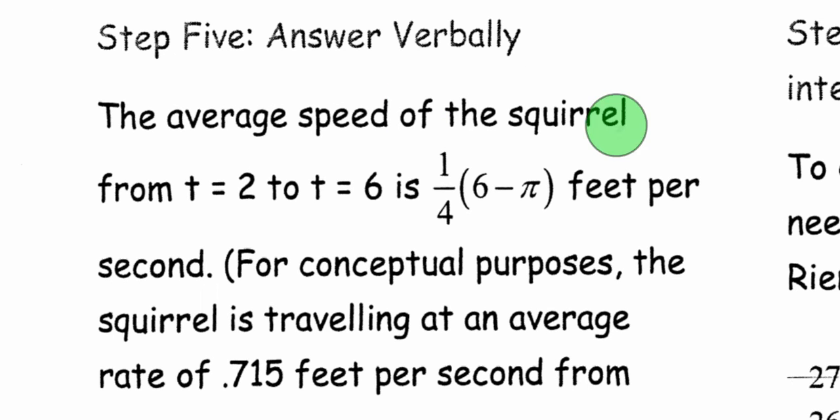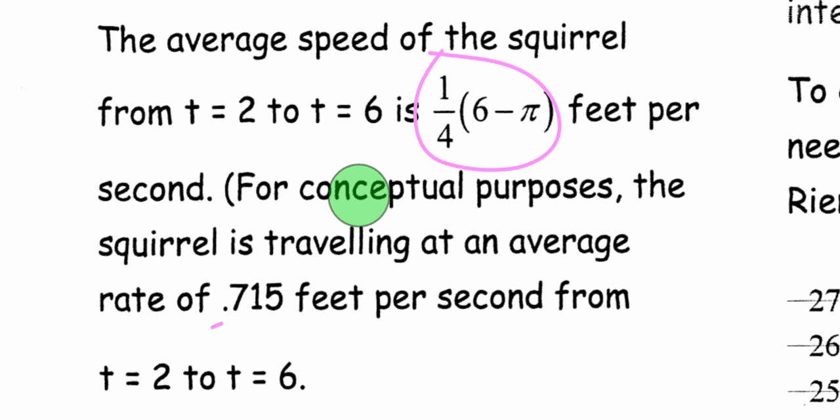The average speed of the squirrel from t equals 2 to t equals 6 is 1/4 times 6 minus pi. Now, if you find that as a decimal, that's around 0.715 if you plug this into your calculator. So for conceptual purposes, the squirrel is traveling at an average rate of 0.715 feet per second from time t equals 2 to t equals 6.